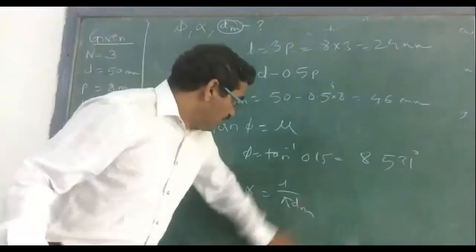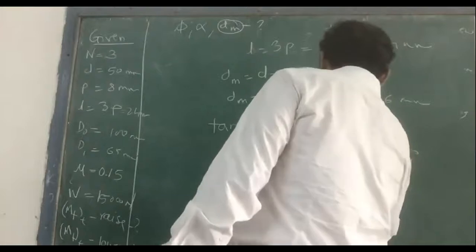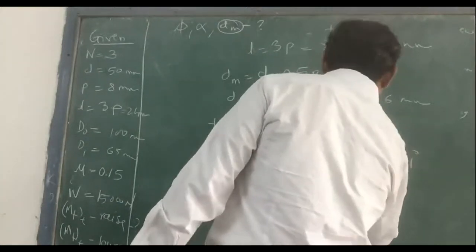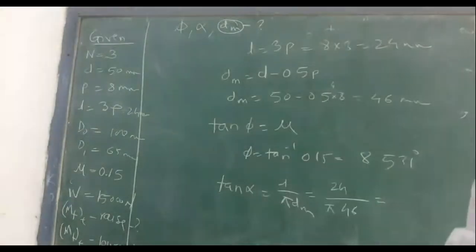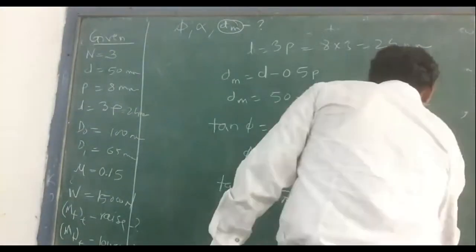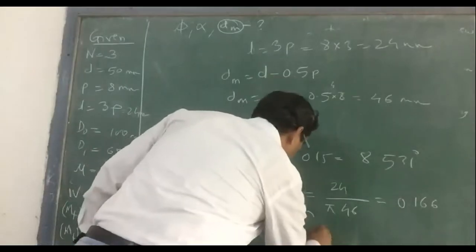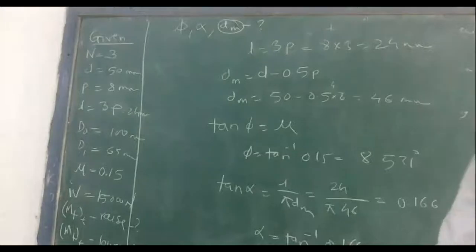Now, using this, we know L is 24, and pi into dm, the mean diameter, is 46. So tan alpha will be 0.166. Alpha will be tan inverse of 0.166, and we get 9.429.